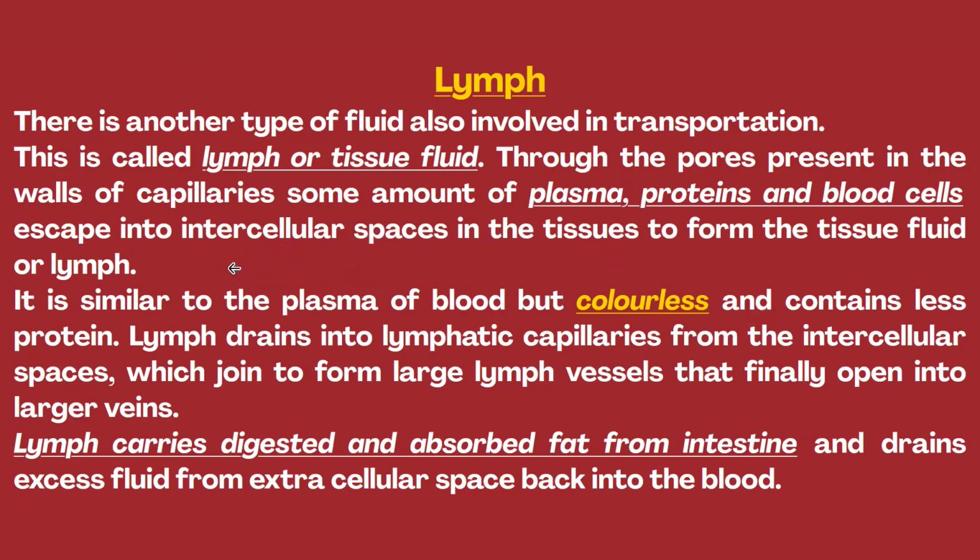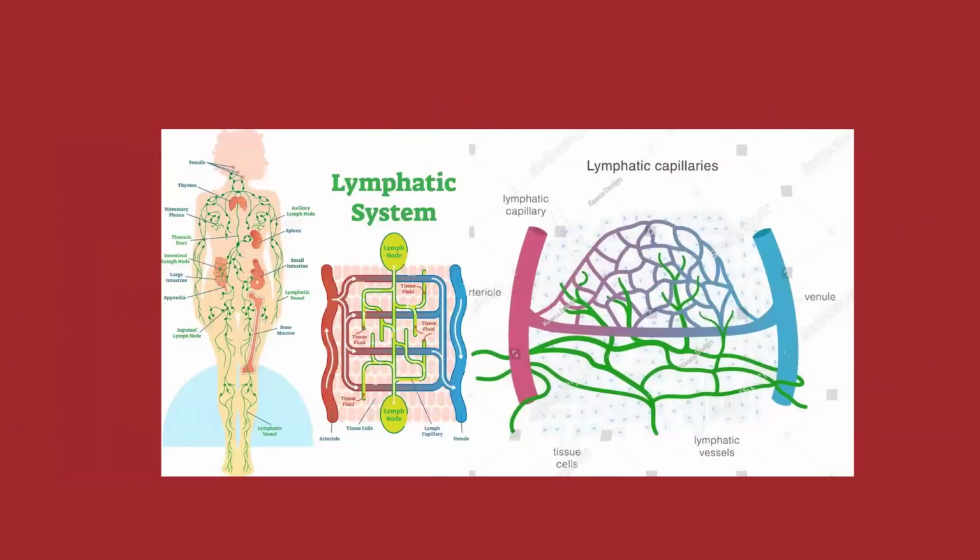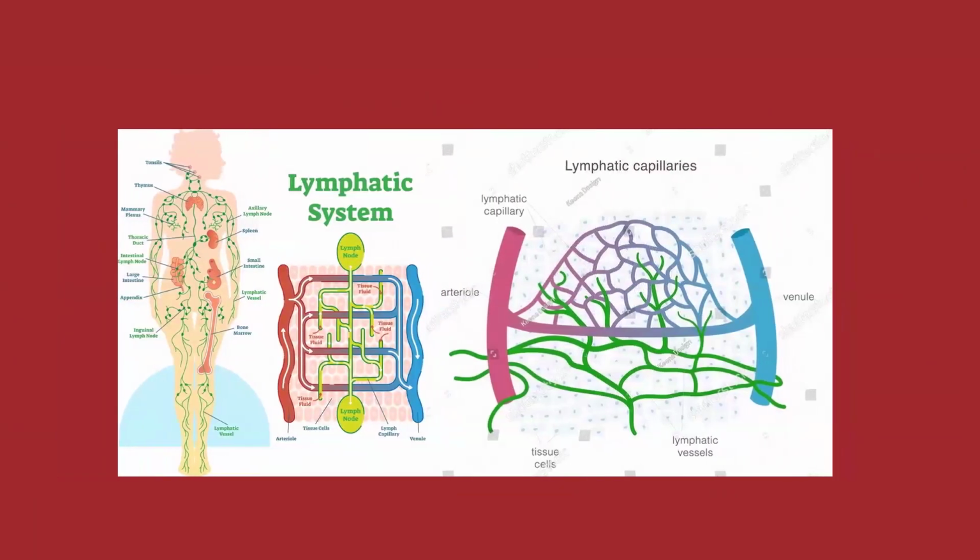As we studied, let me show one picture. This is the lymphatic capillaries, or the lymphatic system. This portion is the cell, which is connected by the veins and arteries. The vessels are further divided into small blood vessels called capillaries, which are associated with the cell.